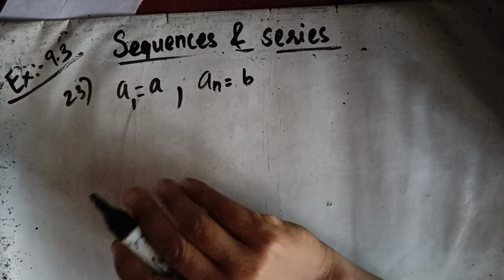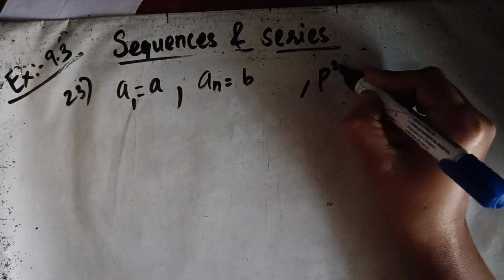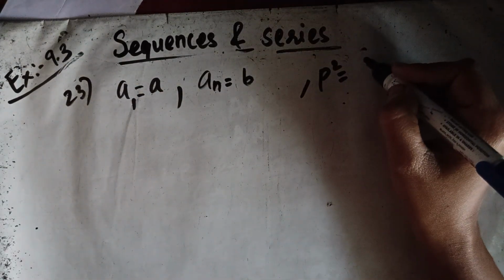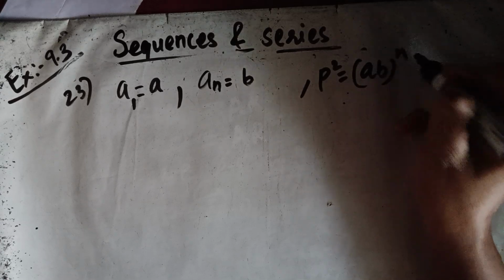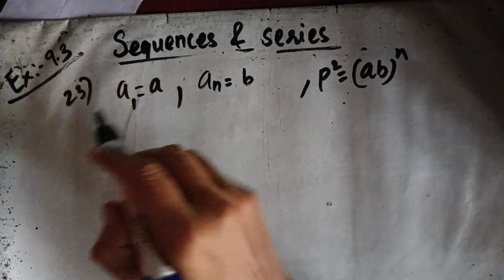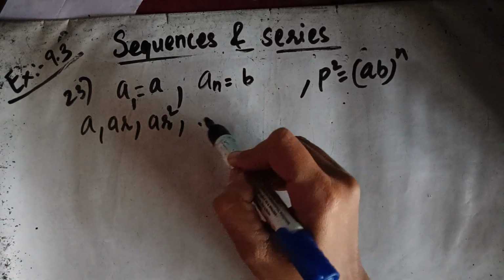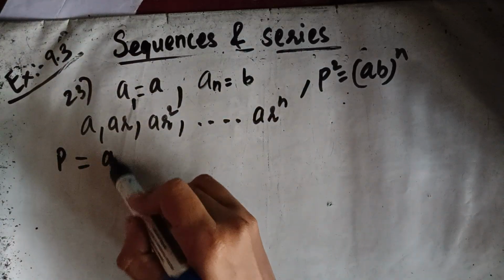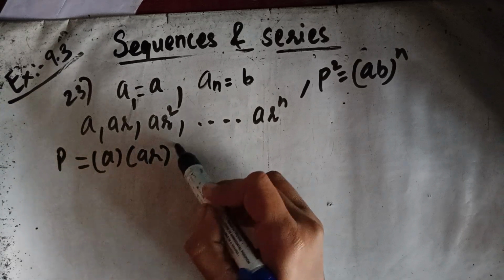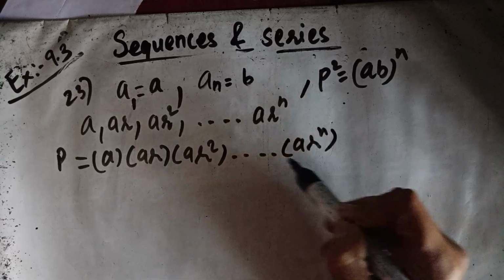P is the product of n terms. So the terms are a, ar, ar square until n. Product will be a into ar into ar square till ar raised to n minus 1.